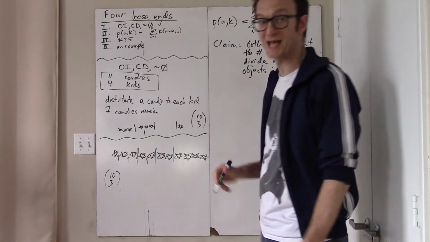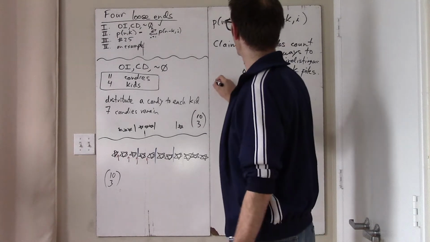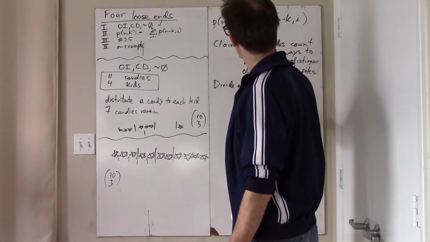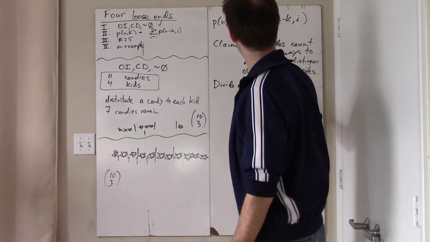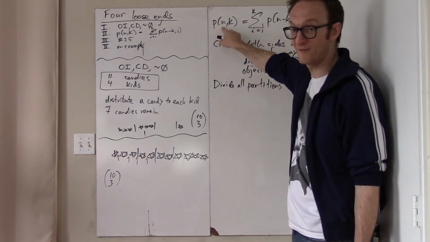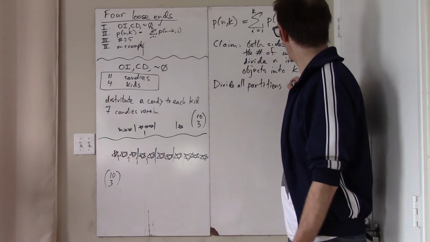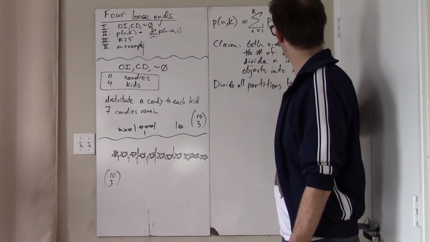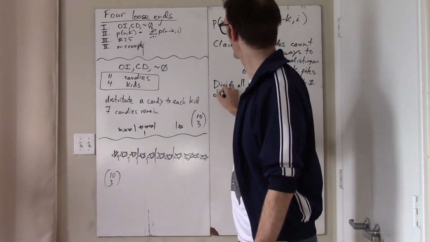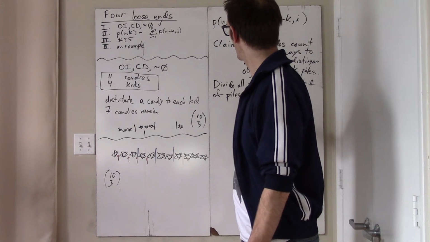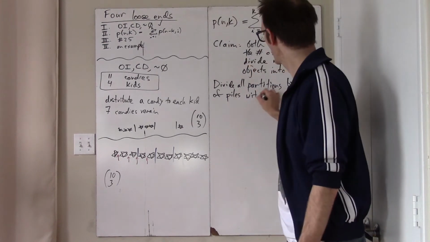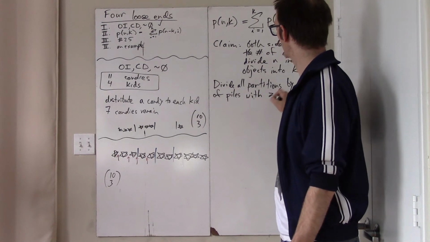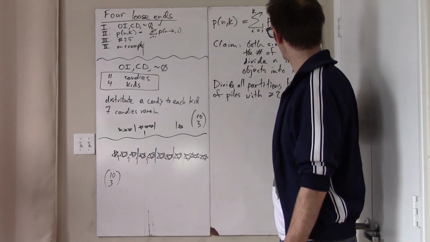And so what we're going to do is perform sort of casework. I hesitate to use the word partition, but divide all partitions of objects into containers by the number of piles with greater than or equal to 2 objects in it.